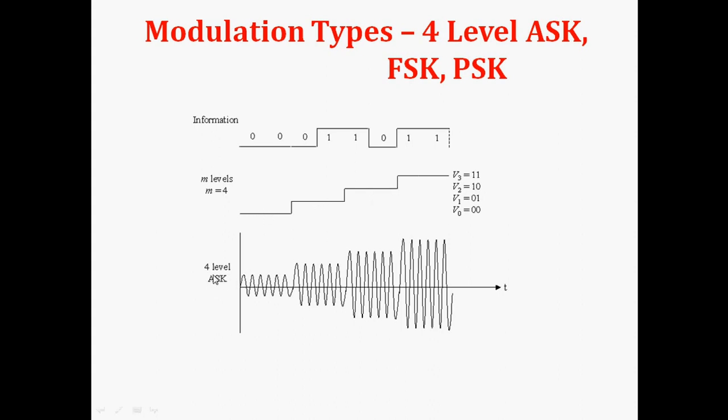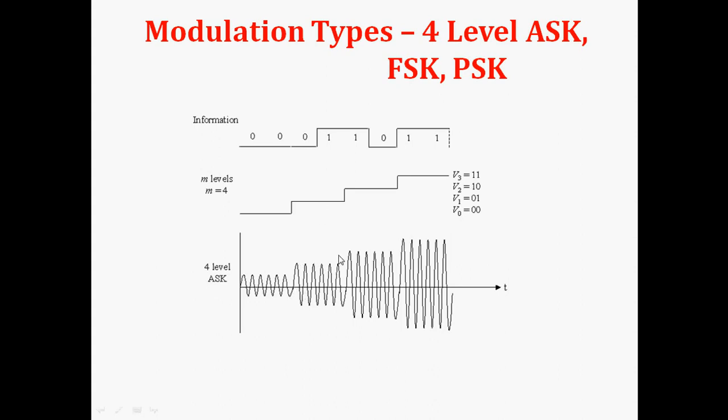We can see how amplitude shift keying will work with these 4 levels. With this example, initially for 0, 0, my amplitude is V0. For the next coming bits 0, 1, the amplitude is V1, which will come to some more level than the 0 level.